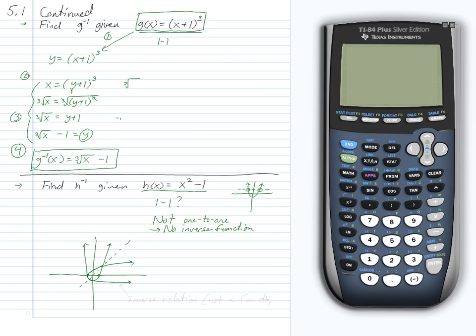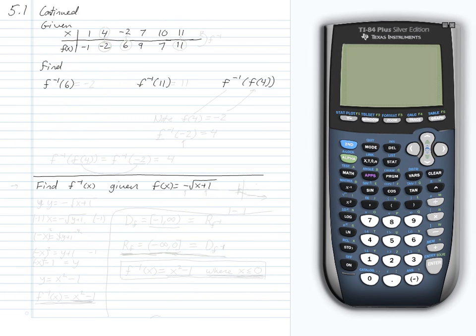So turning those sideways, these are symmetrically mirrored across y equals x. But this inverse relation is not a function. And so that's why we can call it quits right there. No inverse function exists, so we don't have to try to find it.